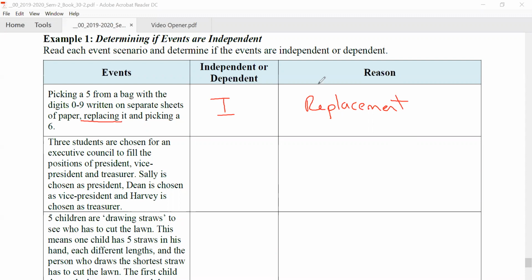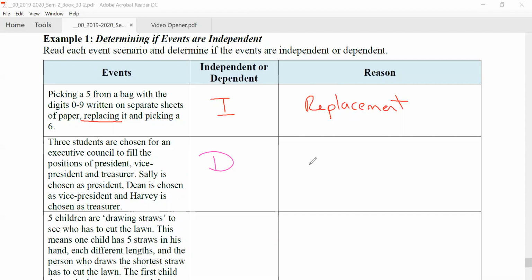3 students are chosen for an executive council. Dean is chosen as vice president, Sally's president, Harvey's treasurer. Well, this is absolutely dependent because as soon as Sally is president, she can't now have a second role. So that's going to affect how many people are left to then be vice president, treasurer, and so forth.